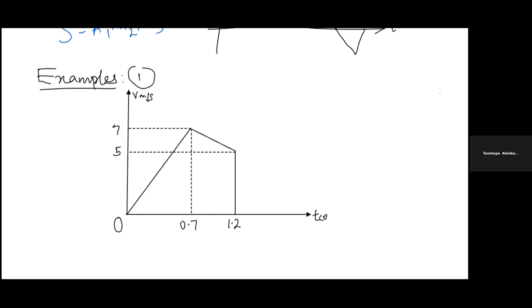The stone hits the surface of the liquid with velocity 7 meters per second when t equals 0.7. It reaches the bottom of the container when velocity is 5 meters per second when t equals 1.2. Full stop.